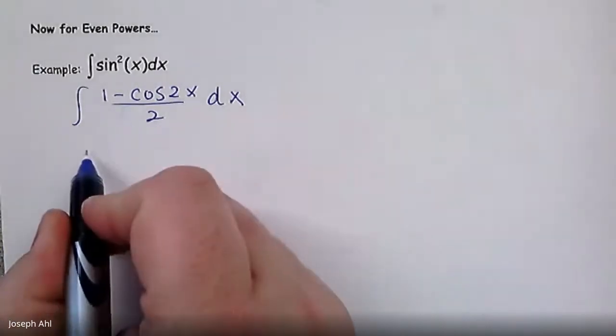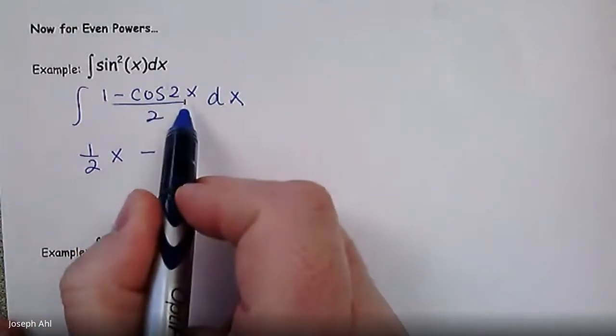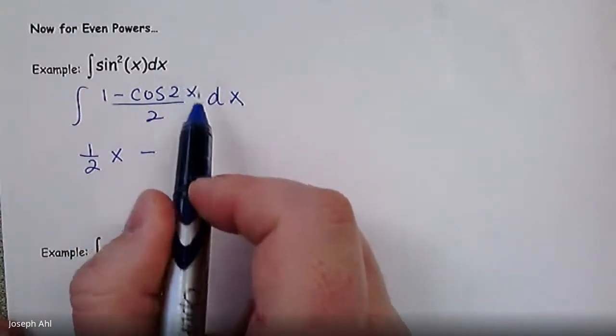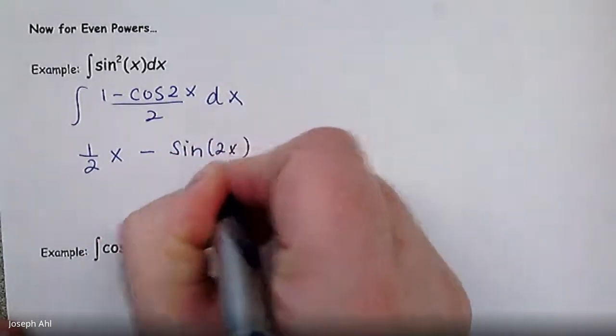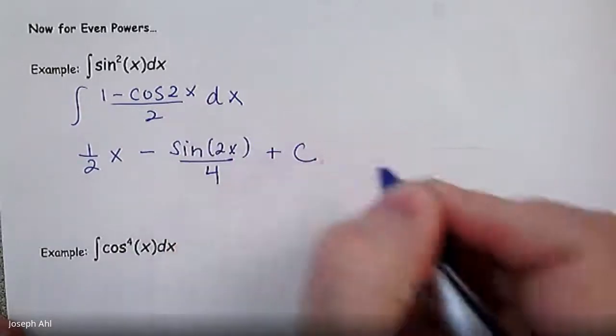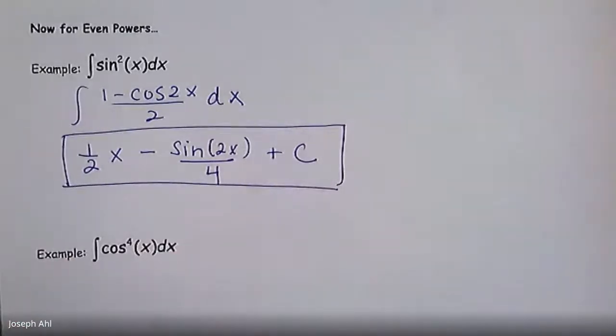And if we integrate both pieces, you'll get 1/2 x minus the integral of cos 2x, which is sine 2x, but we're going to have to divide by 2 there, so it's going to be sine 2x now all over 4 with the 2 already down here, and then plus c. So this is an integral that we've done in the past. If we look back a couple packets ago, we would have seen the integral for sine squared.